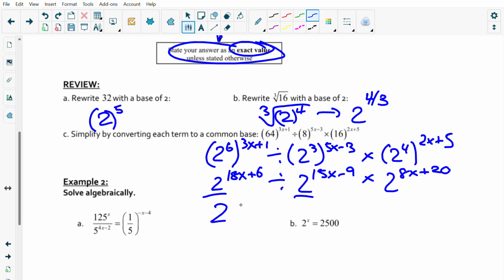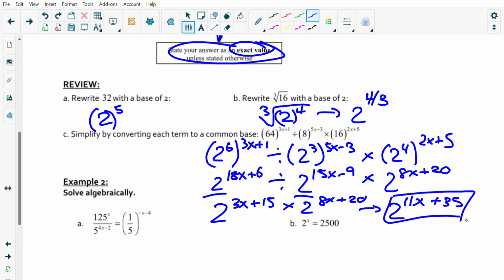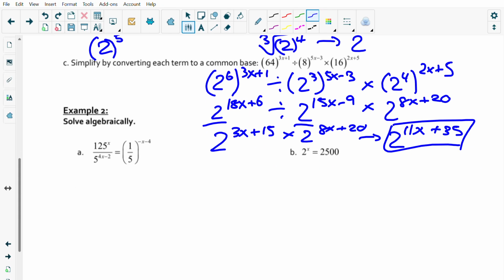That's 2 to the 18x minus 15x, which is 3x, and then 6 minus negative 9 is 6 plus 9, that's 15, and then times 2 to the 8x plus 20. We're adding exponents, so that equals 2 to the 11x plus 35, okay.